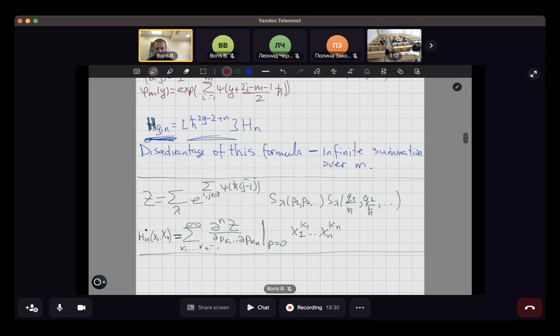And then if I apply this differential operator D, what will happen?